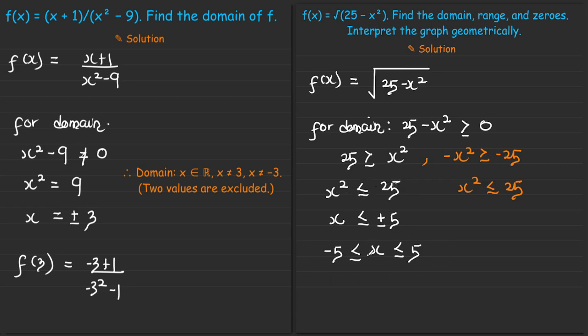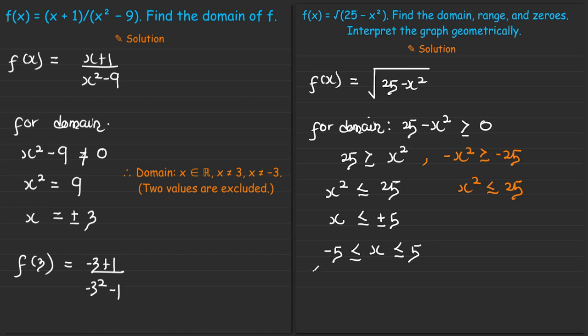So the only range of values for which x squared can be less than or equal to 25 is within this range. If you take anything out of this range, x squared is going to be greater than 25, which will affect our radical sign. For instance, if I take a value that exceeds this range, let's say 6, 6 squared gives me 36, and 25 minus 36 is going to be a negative answer, which will make this radical undefined.